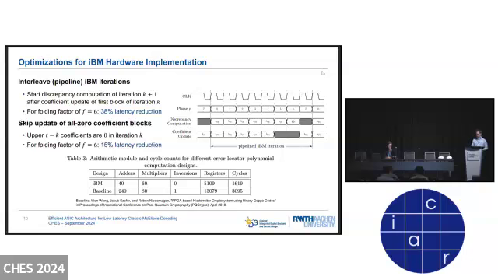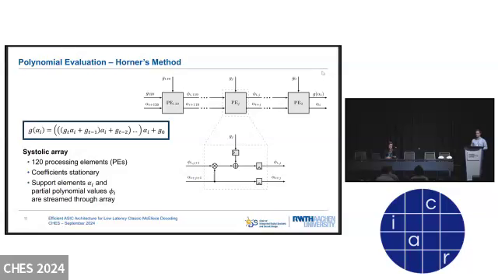Looking at the next steps in Classic McEliece decoding, polynomial evaluation. For polynomial evaluation, we use the rather naive approach of Horner's method, which possesses a regular structure and therefore allows us to iteratively compute polynomial values in a systolic array.